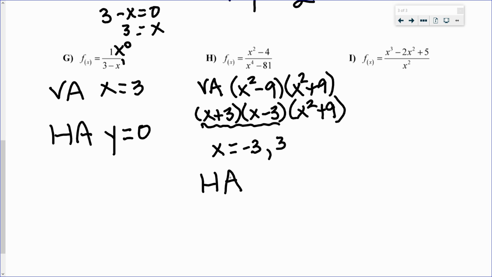Now, if we look at the degree of the numerator, it is less than the degree of the denominator. So that's case 1, where the horizontal asymptote is the x-axis.